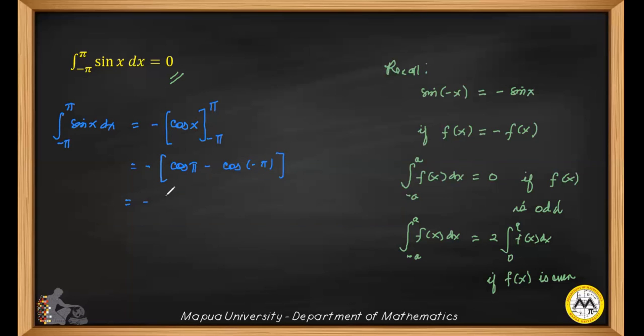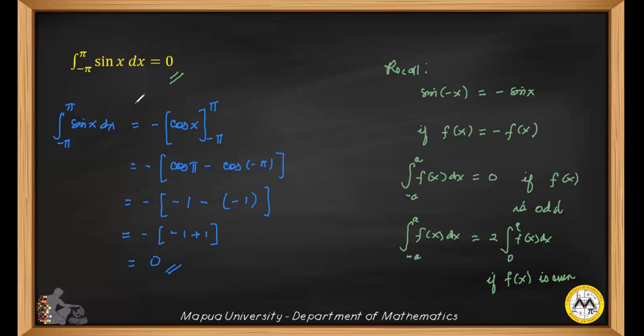Which will give us minus, cosine of pi is cosine of 180 degrees, which is negative 1, minus cosine of negative pi, which is cosine of negative 180 degrees, which is also negative 1. Simplifying gives us minus, negative 1 minus minus is positive. Of course, negative 1 plus 1 is 0. Therefore, the integral is equal to 0.